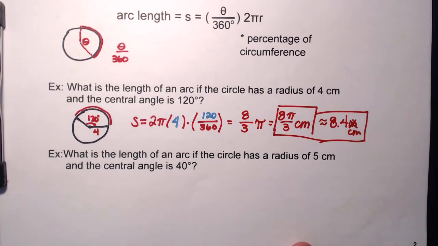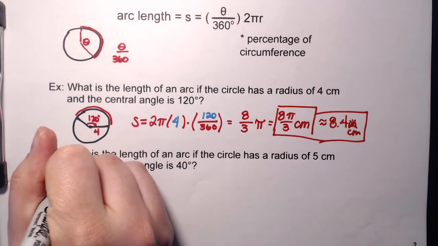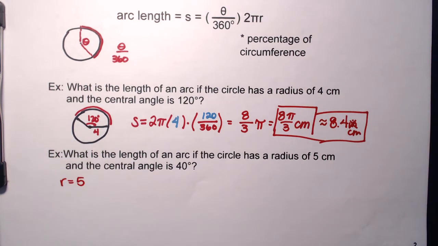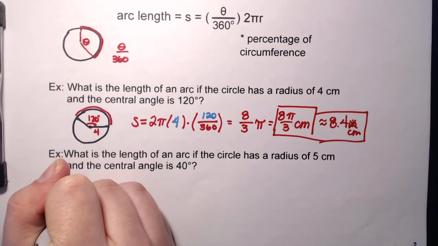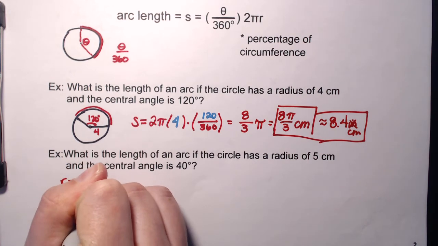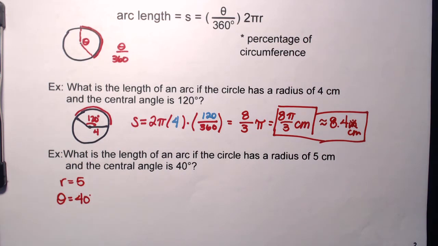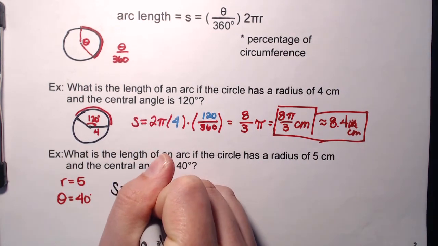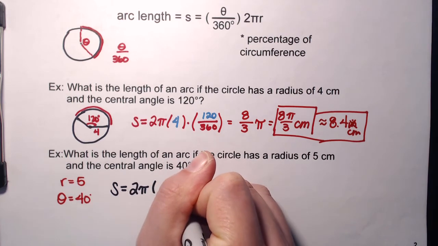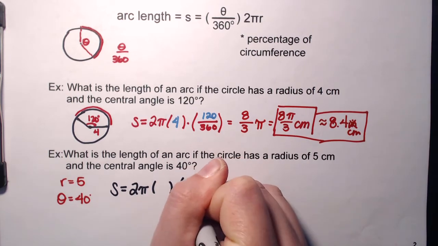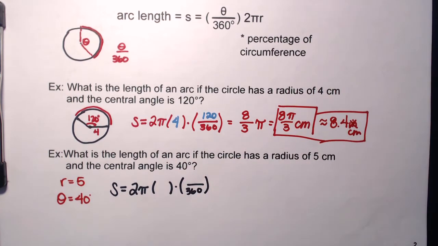What is the length of the arc if the circle has a radius of 5 and a central angle of 40? So again, our formula is going to be, we'll find the entire circumference and multiply that by a percentage of what we want.